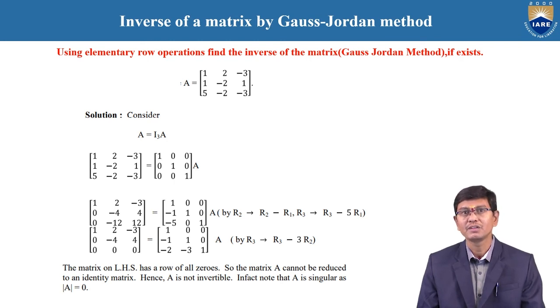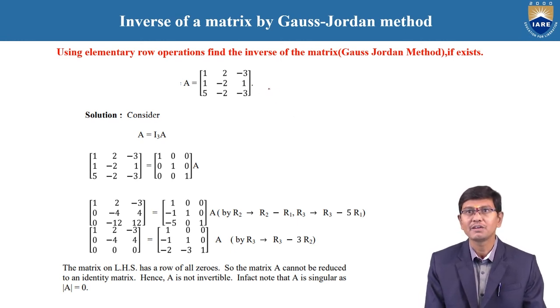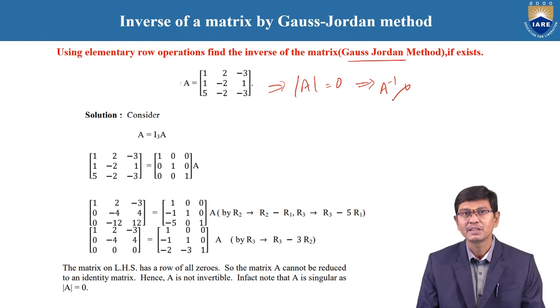Therefore, this matrix cannot be reduced to find an inverse. When we cross-verify, the determinant of the matrix is also equal to 0. Therefore, according to the Gauss-Jordan procedure, the inverse does not exist because the determinant is equal to 0. Such a condition is known as a singular matrix.